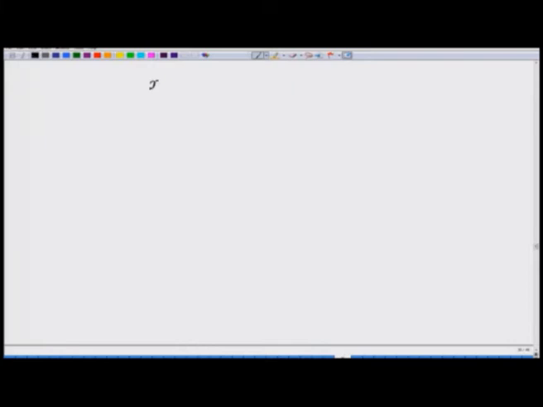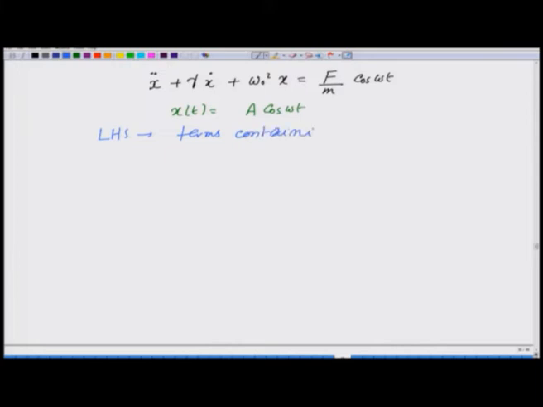So, I started with x double dot plus gamma x dot plus omega 0 square x equals f over m cosine of omega t, and when I took the solution x t equals a cosine of omega t, I got on the left hand side terms containing both cosine omega t and sine omega t.